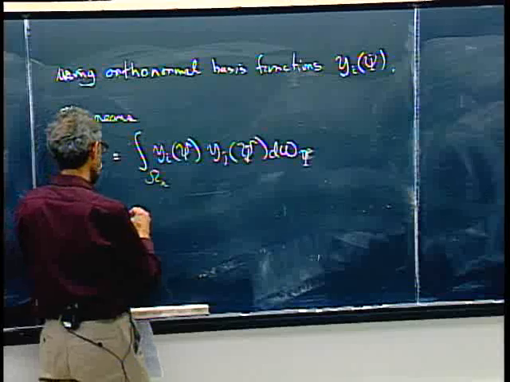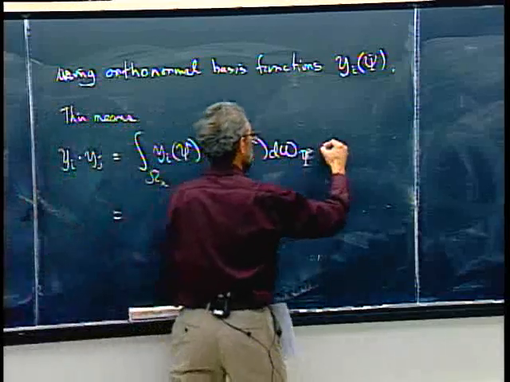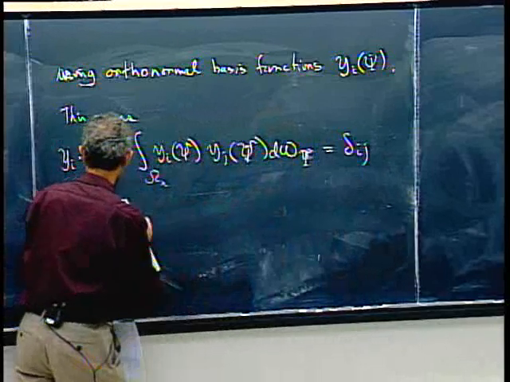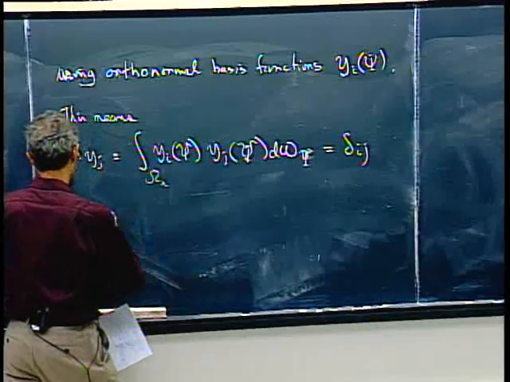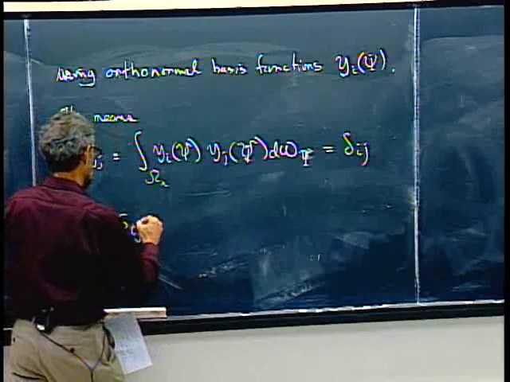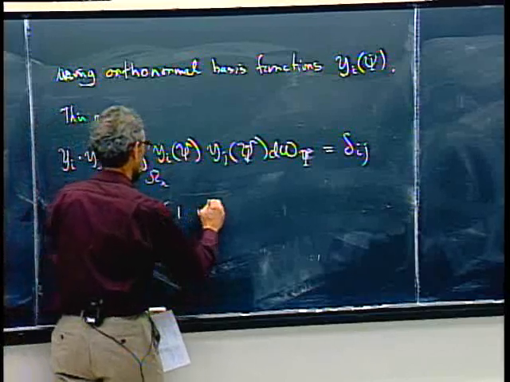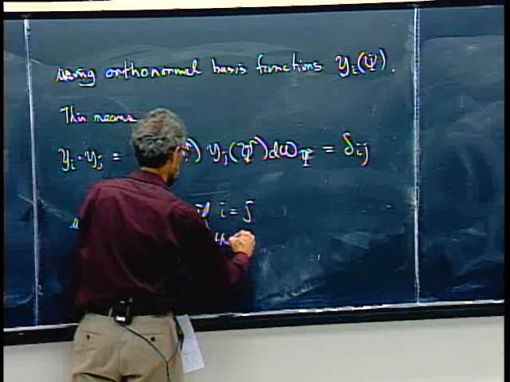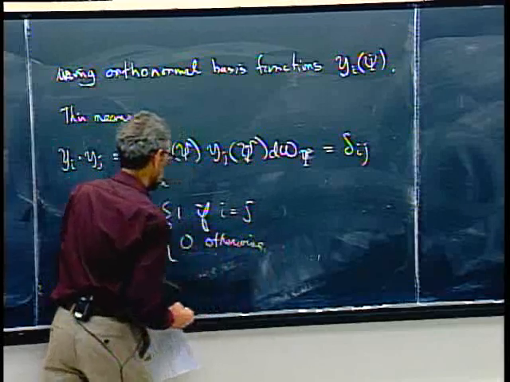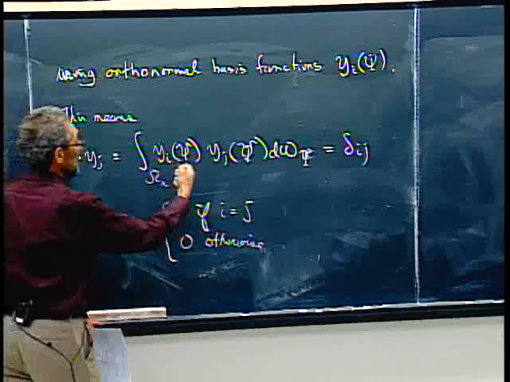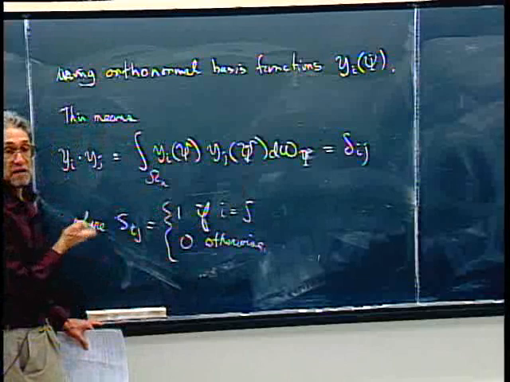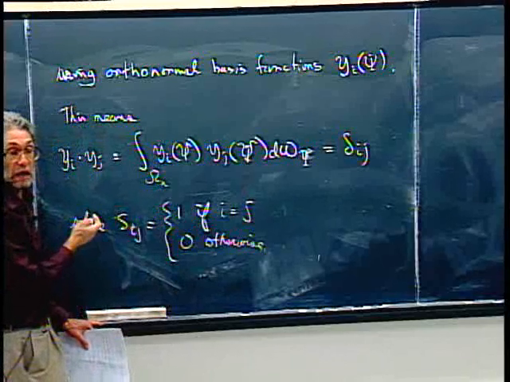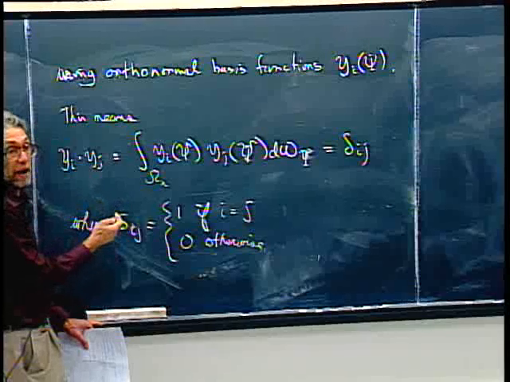And what this should be is the same as delta ij, where delta ij equals 1 if i equals j and 0 otherwise.